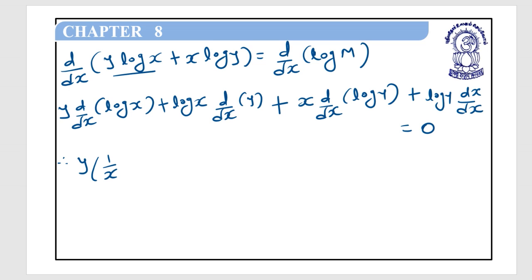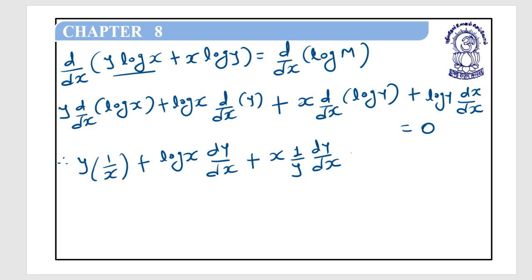So we can write 1 upon x plus log x as it is dy by dx, plus x log y, so 1 upon y, but here differentiation with respect to x, so you have to write dy by dx, plus log y dx by dx, so dx by dx means 1.